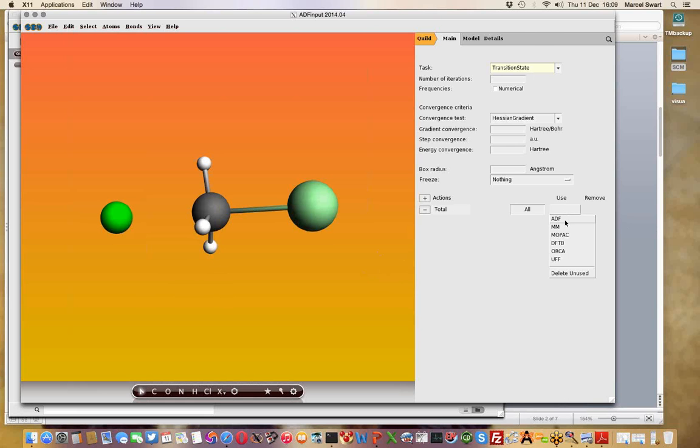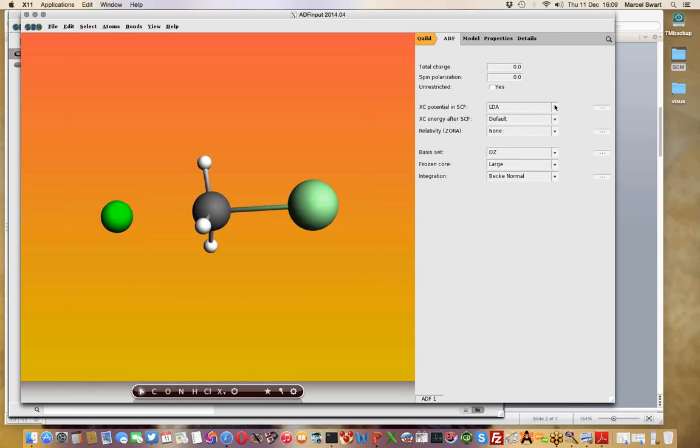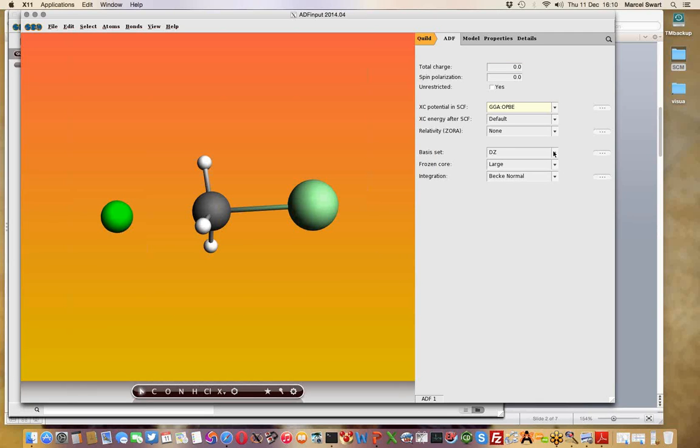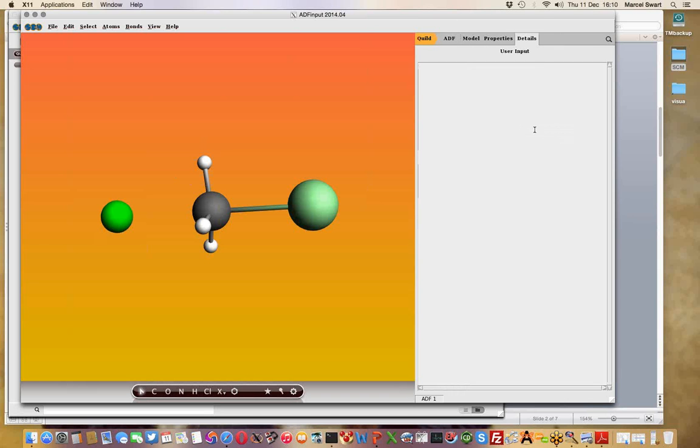You simplify this by describing the total with some methodology. In this case I chose to have the OPBE with some reasonable basis set, and then you have to specify in the input which are the transition state reaction coordinates.